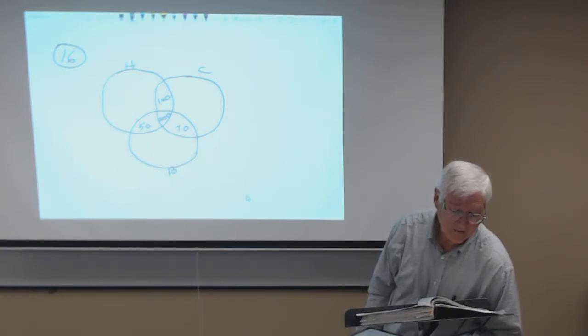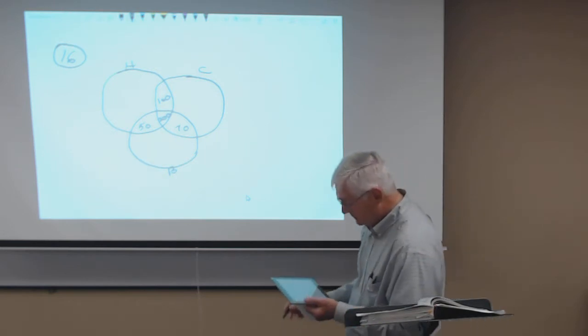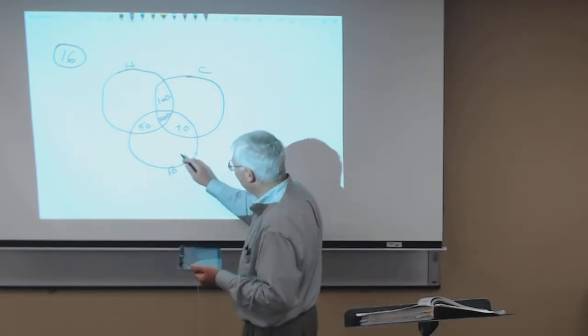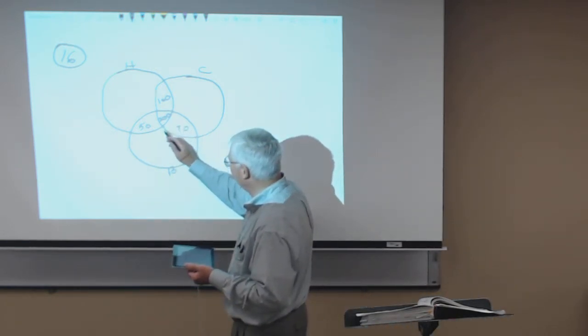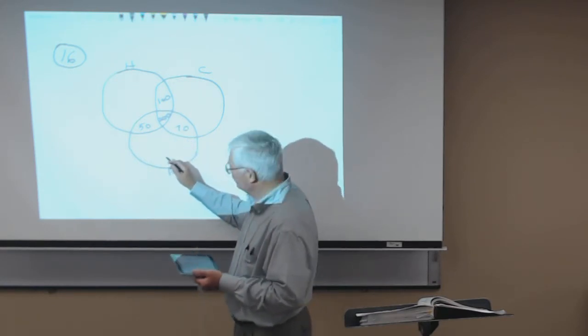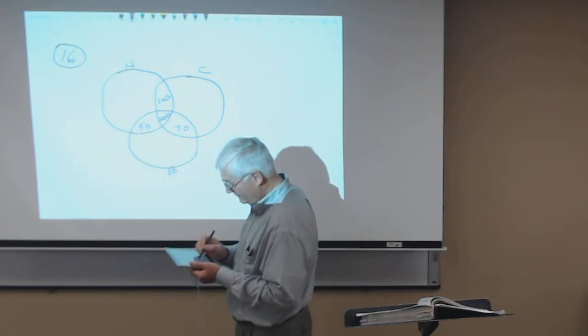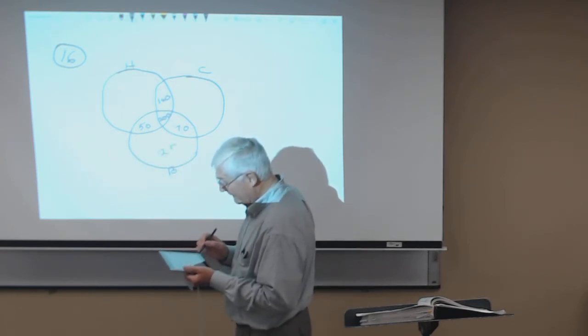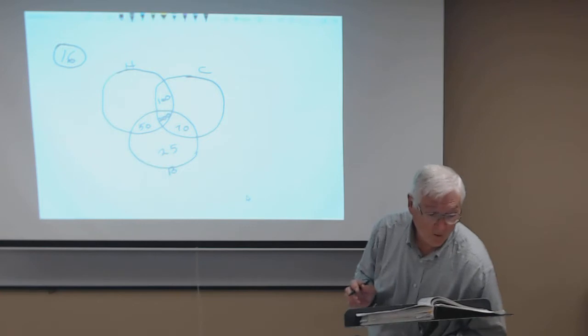Now we're up to 345 own boats. Down here I should have 345. What's this add up to? 320. So what number goes here? 25.